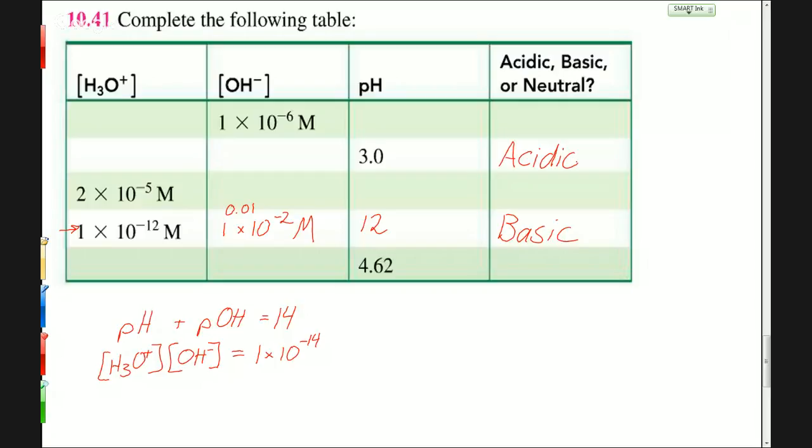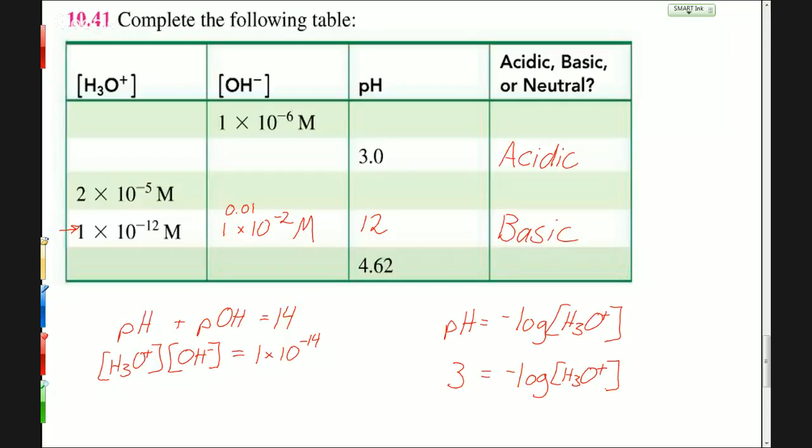Remember that the pH is the negative log of the hydronium ion concentration. So if the pH is 3, how do we solve for the hydronium ion concentration?